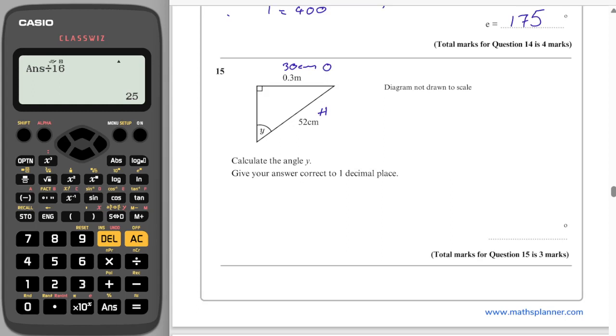So the trig ratio I'm after is sine, O opposite over the hypotenuse. I'm not rearranging, I'm finding the angle. So the angle Y is going to be equal to sine to the minus 1 of the opposite, which is 30, divided by the hypotenuse, which is 52.